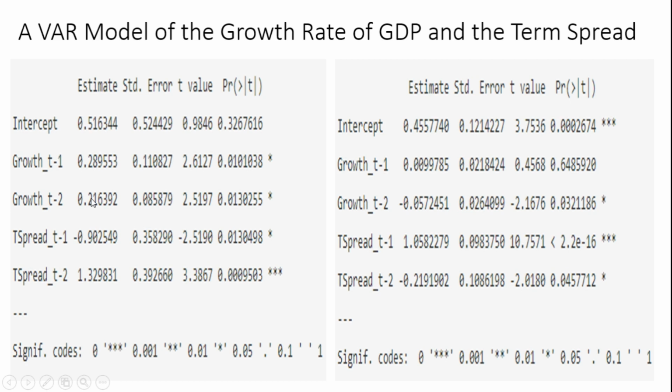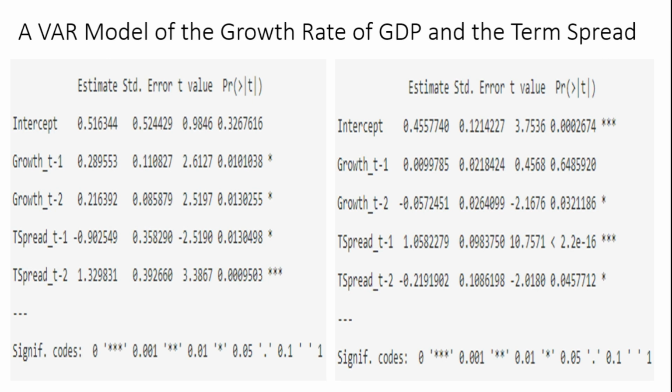The lag 2 term spread is the only variable that is significant at the 1% level, and you can interpret its coefficient as an elasticity, which means that when the lag 2 term spread increases by 1%, the GDP growth of the current period increases by 1.32%.